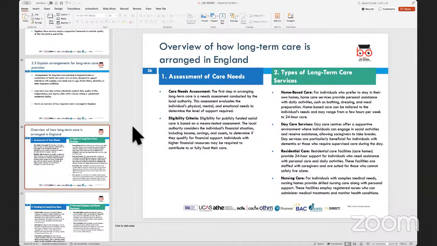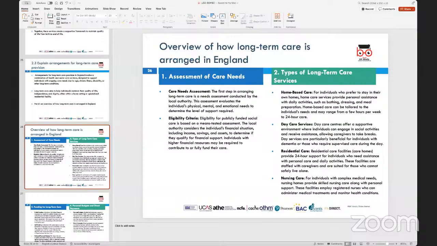So, if you're diagnosed with some sort of long-term illness, a variety of services can be provided to an individual with chronic illnesses, disabilities or other conditions which can limit their ability to perform daily activities over an extended period, and that would constitute long-term care.